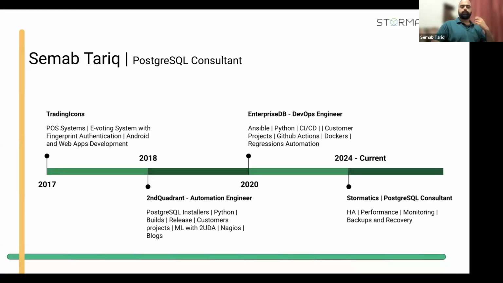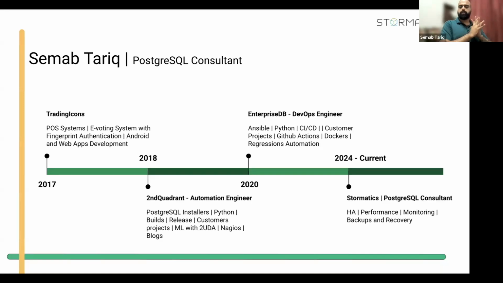So first of all, this is my introduction. My name is Semab Tariq, and I'm working as a Postgres consultant at Stormatics. I started my career by joining a local company here in Pakistan called Trading Icons. My first interaction with Postgres was back in 2018, when I joined Second Quadrant as an automation engineer. I was responsible for building community Postgres installers and CUDA installers, and was engaged in other customer activities as well.